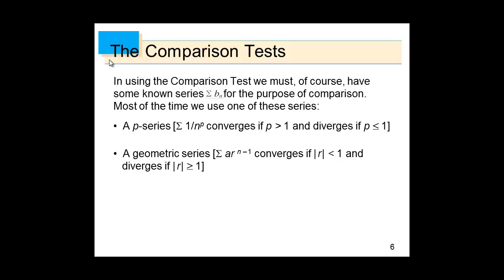A geometric series converges when the common ratio is between -1 and 1, and diverges when the common ratio is larger than or equal to 1 or less than or equal to -1. Okay?